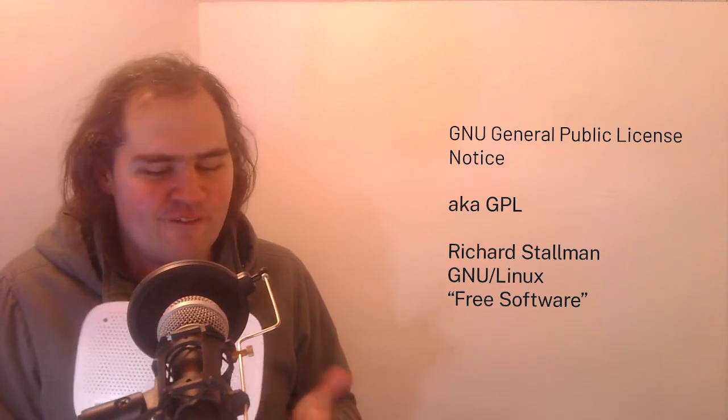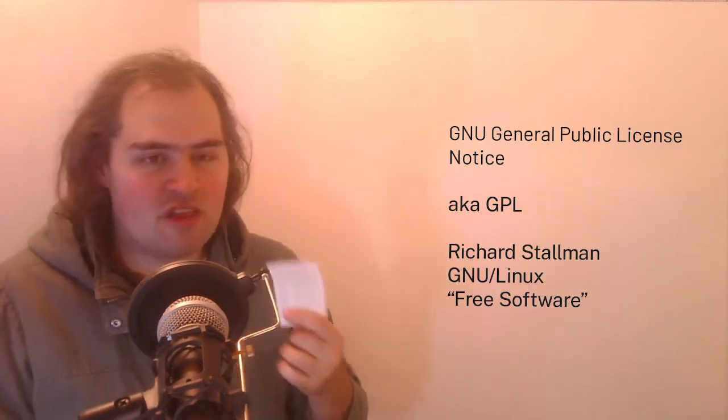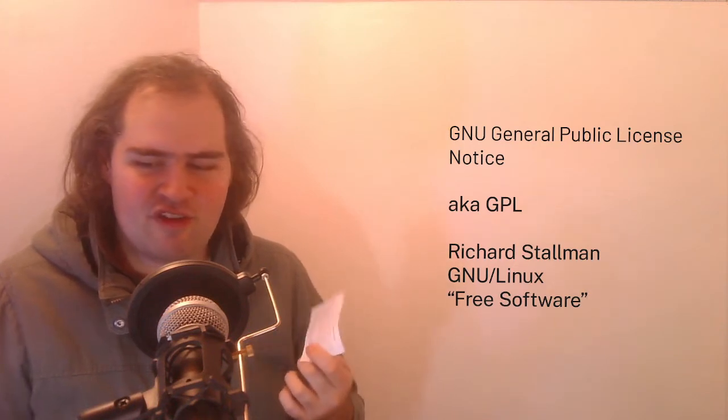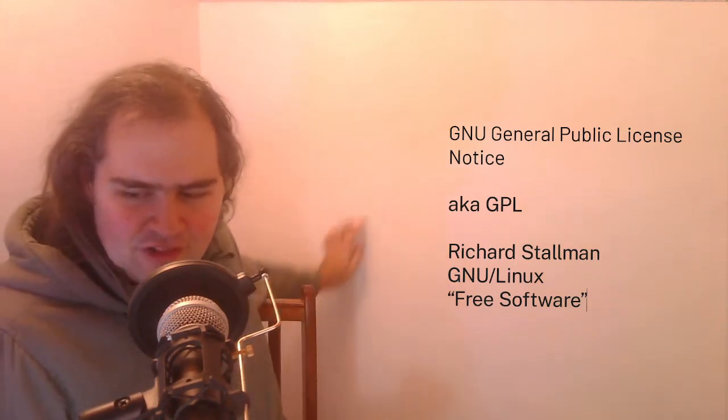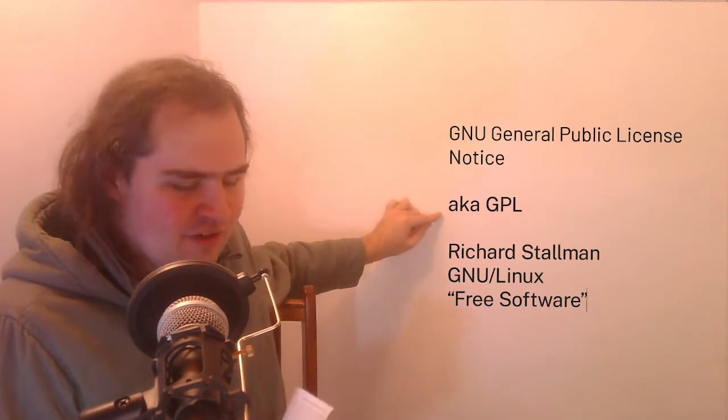So because they decided to use software like Linux inside their device, and because they ended up building a hardware empire out of building devices using code that they got for free, the condition that they agreed to, which is why this little slip of paper is inside the box, is that they agree to provide the user with a copy of this source code that's covered under this so-called GPL license agreement.